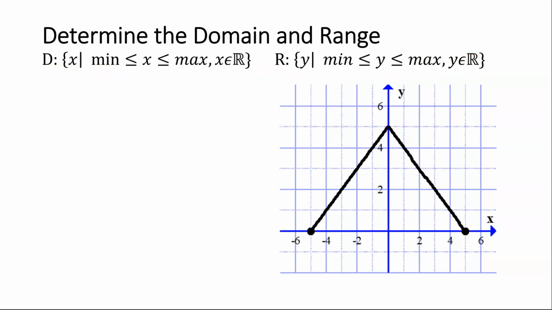And again, when you're looking for domain, you're scanning from left to right. So you look to the graph from the left side all the way to the right till you hit the first x value. That's your minimum x value, right over there. So we can say domain in the braces is x value such that x is going to be greater than the minimum value that you hit, which is a -5.